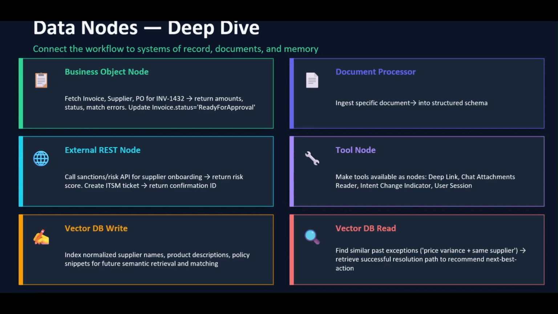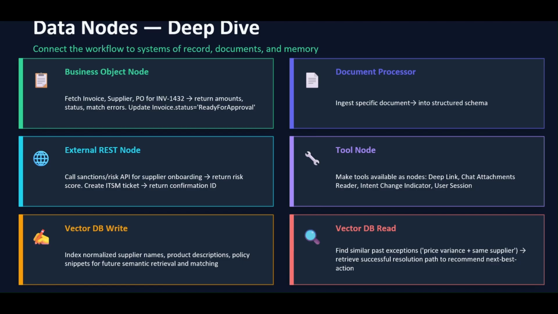To start with, I will give you an overview of what data nodes actually are. Data nodes are quite simply where your agent touches the real world. They are how our workflow reads something within Oracle Fusion Financials, or calls some third-party tools, or pulls supplier details or contract details from a PDF attachment, or uses semantic nodes to retrieve data.